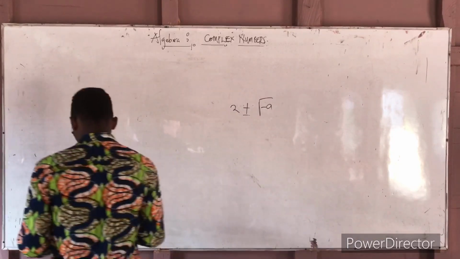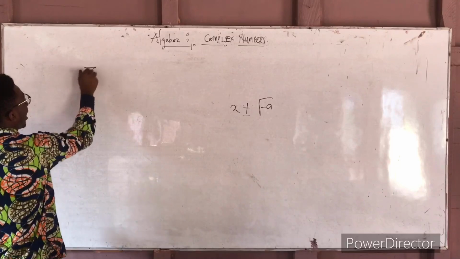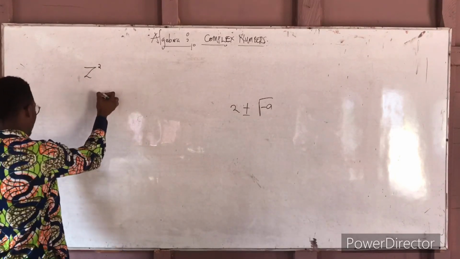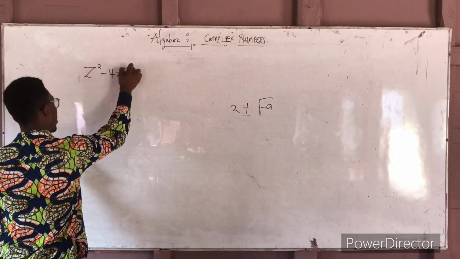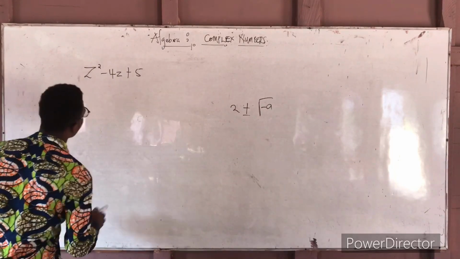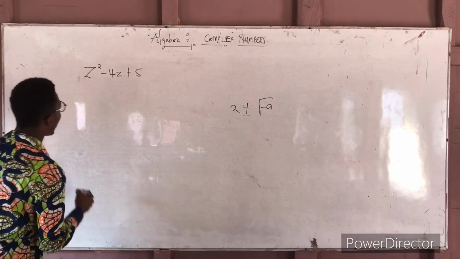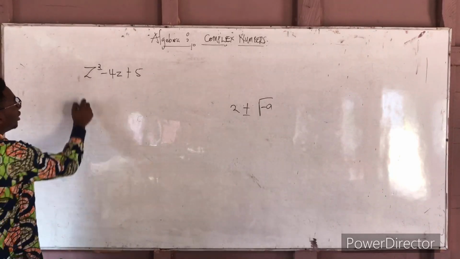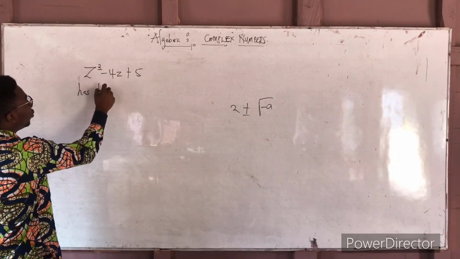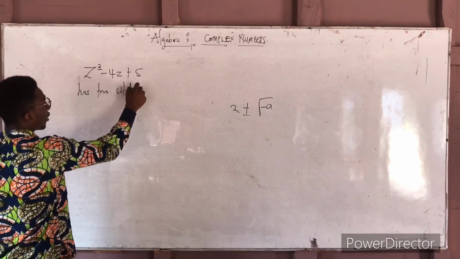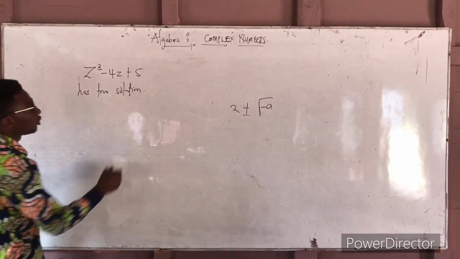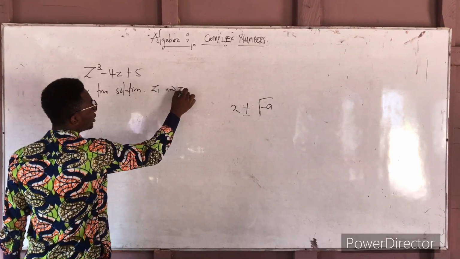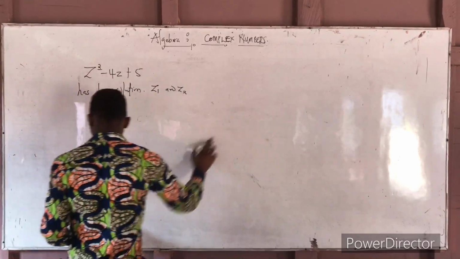For example, if you have a quadratic function like z squared minus 4z plus 5, because of the polynomial degree here, which is 2, this quadratic function will have only 2 solutions, let's say z1 and z2.